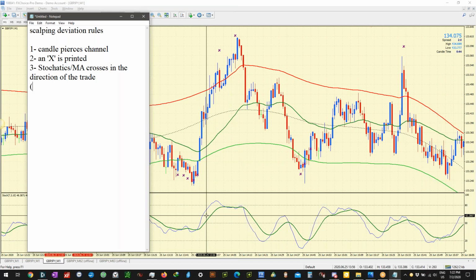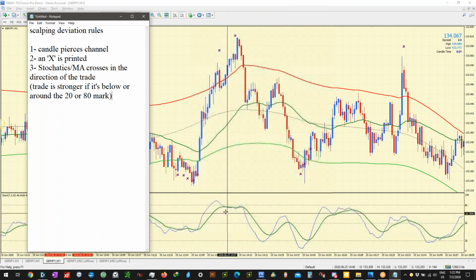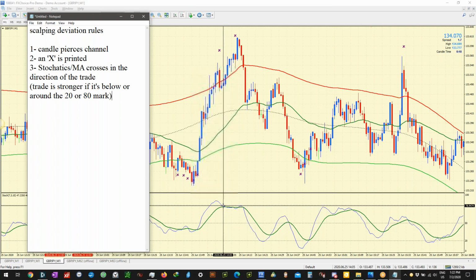And the caveat is the trade is stronger if it's below or around the 20 or 80 mark. That means that this trade is strong. This is a strong trade to the opposite side.